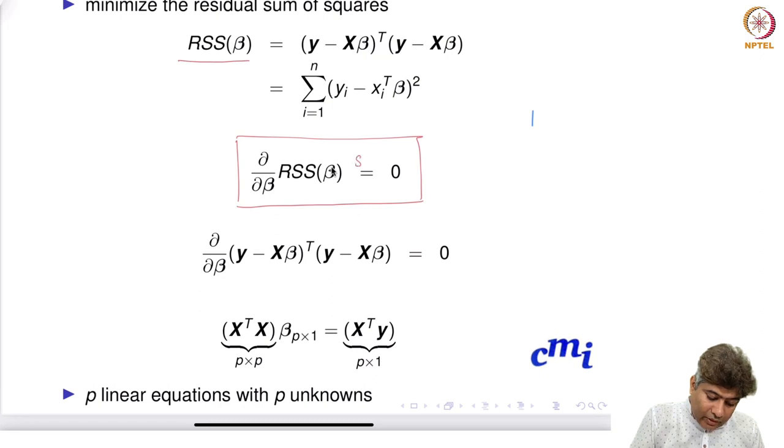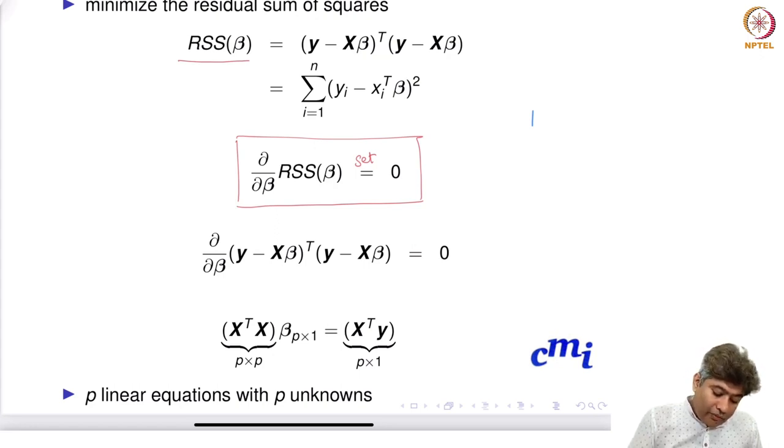Then we will have an equation, and if we solve that equation, it will give us the solution for beta.